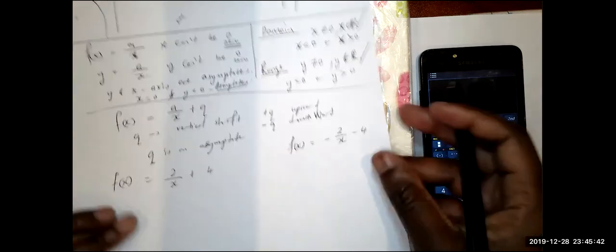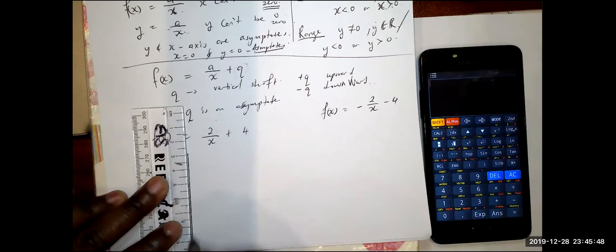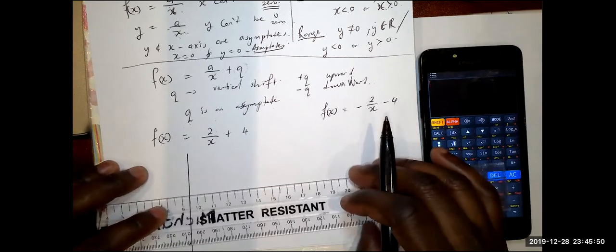Now let's see what we get there. Now let's draw our graph.